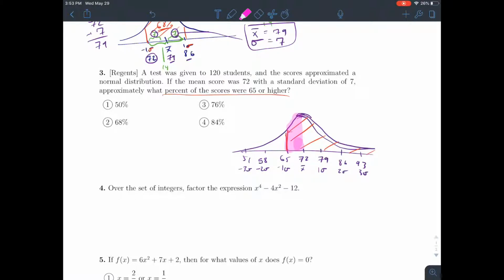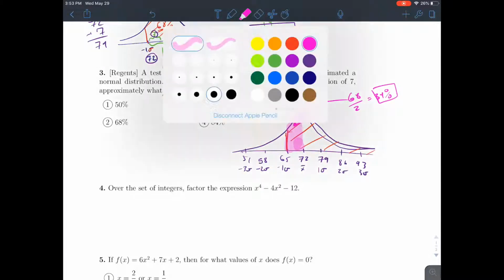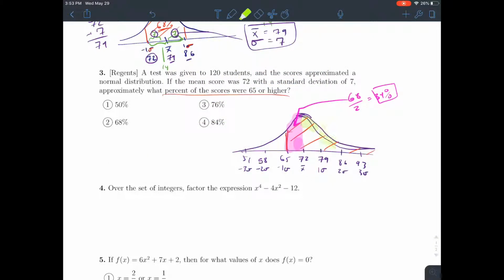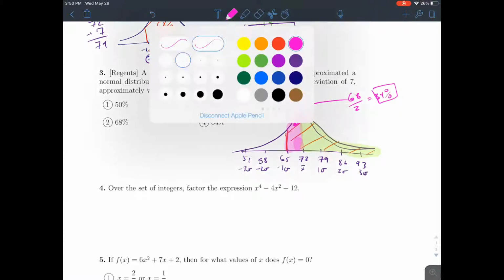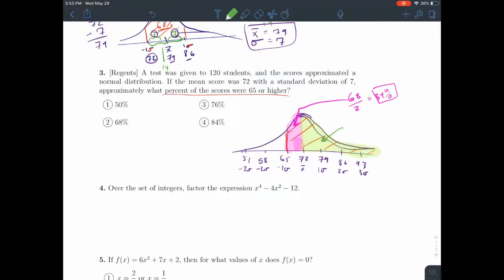So because this is half of the 1 sigma group, this will be 68 divided by 2, which is 34. Now the reason I chose to break it up this way is if you look at the other part, it is exactly half of the curve, which would be 50%. So combining our 34% and our 50% gives us 84%.